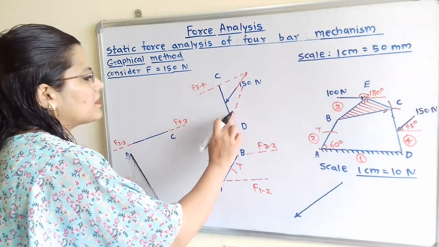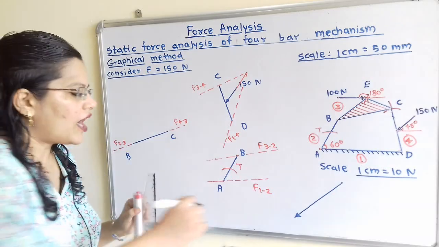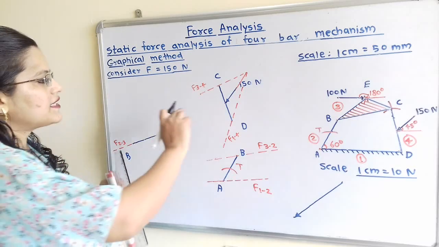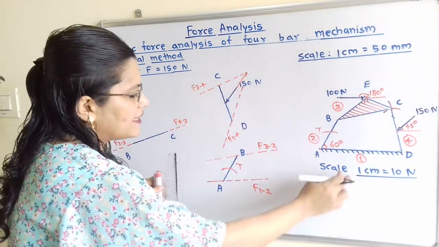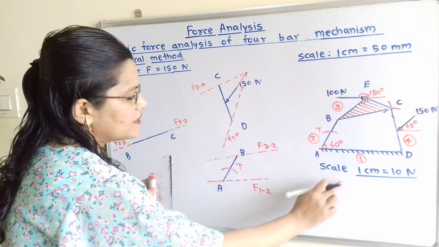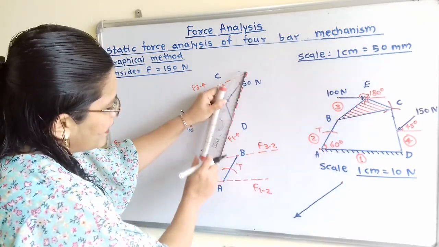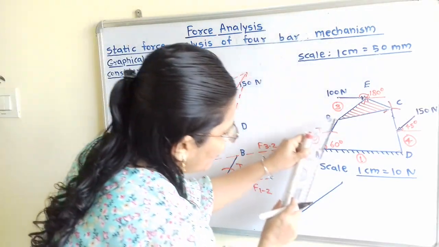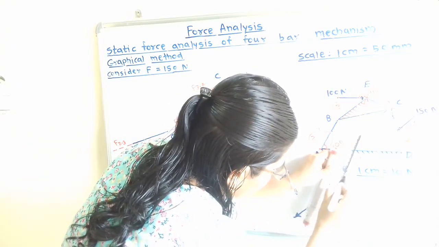Now the remaining two forces we have to draw either at the head or at the tail. So I will select F of 1 to 4 at the tail of this force. So here is the line of action of force F of 1 to 4, and I have to draw the same line of action passing through the tail.